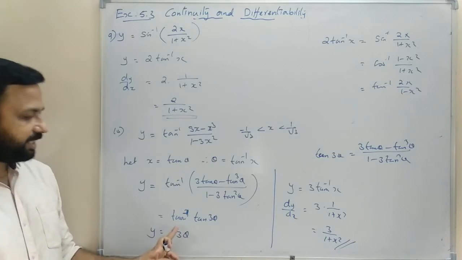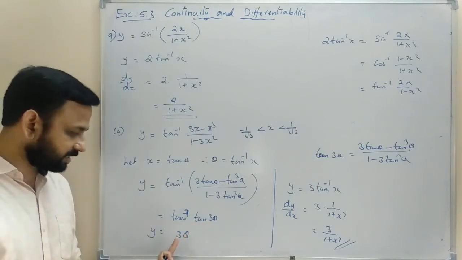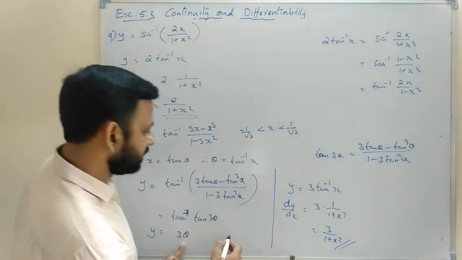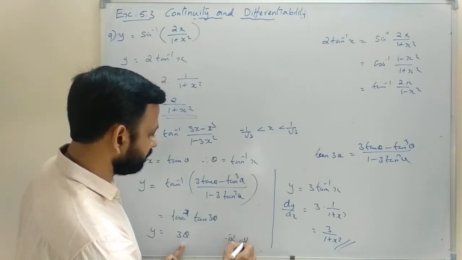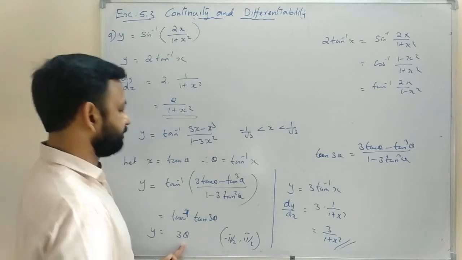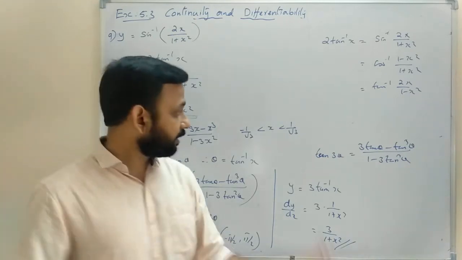And here tan inverse tan 3 theta is equal to 3 theta only when 3 theta lies between minus pi by 2 to pi by 2 in the principal value branch. So here the interval is already given.